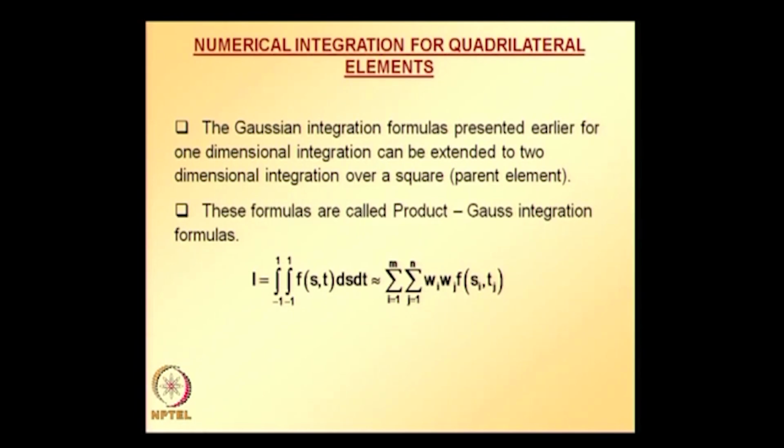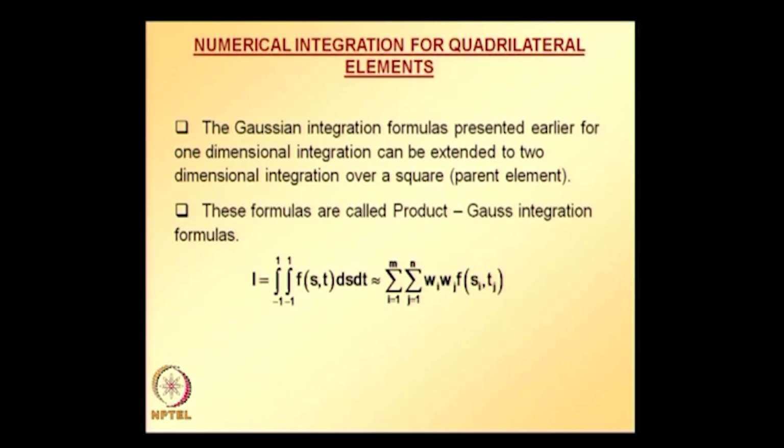Suppose that is the function we need to evaluate; that is numerically approximated as a double summation, i going from 1 to m, j going from 1 to n, of the weight in the S direction times the weight in the T direction, that is Wi times Wj, times the function evaluated at each of these integration points, that results in a grid.